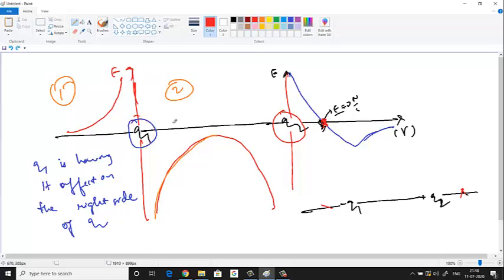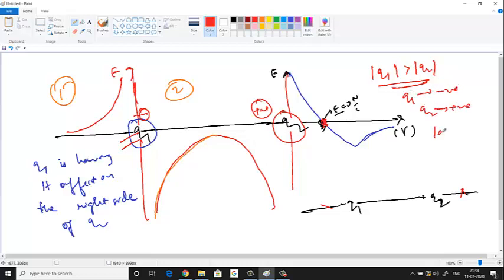So we understood that this is negative, this is positive, and this charge has to be greater than this. That means mod Q1 has to be greater than mod Q2. So what are the signs again? Q1 is negative, Q2 is positive, and the magnitude of Q1 is greater than the magnitude of Q2. That's it. Okay? Alright, next.